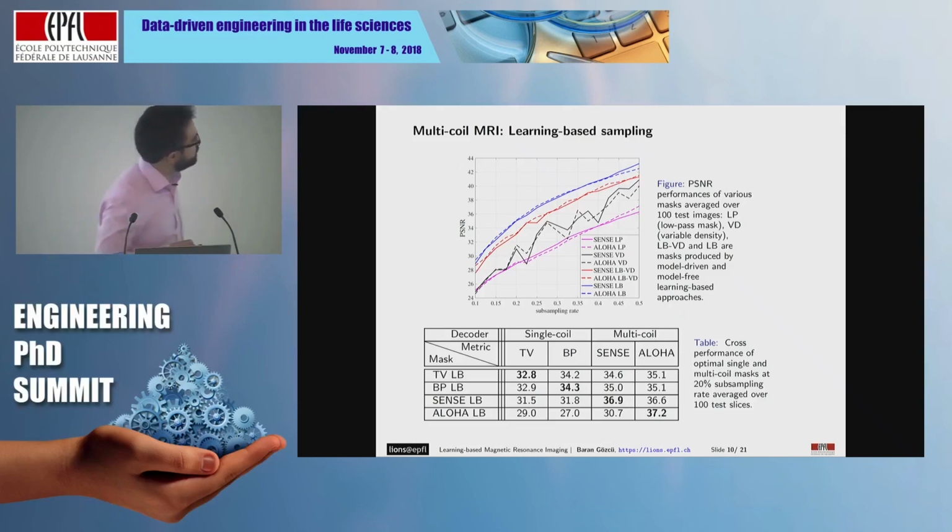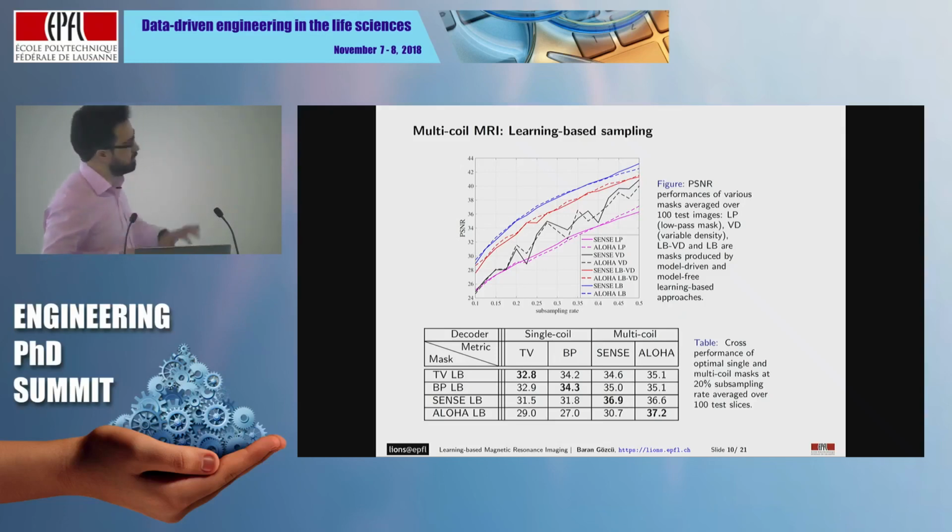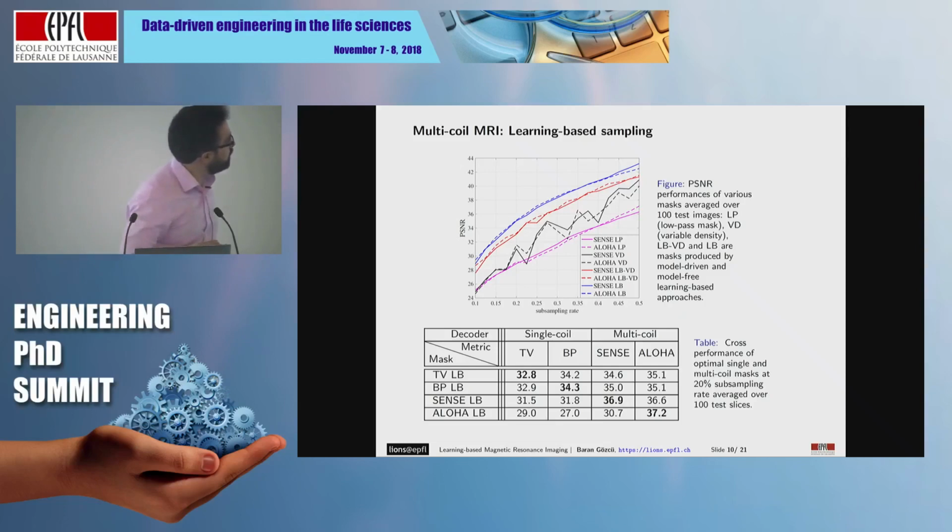The black one is also another model-based method, and we also plotted the performance of just taking the middle part, the low-pass mask. And we see again consistently that this greedily designed learning-based mask gives better performance for both of the reconstruction algorithms, Sense and Aloha.